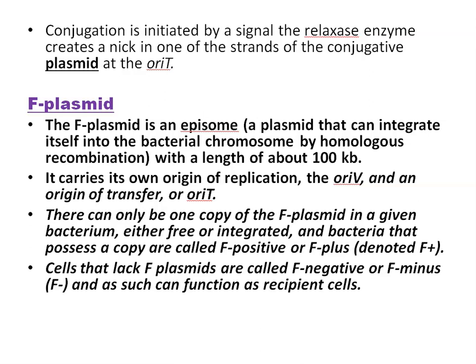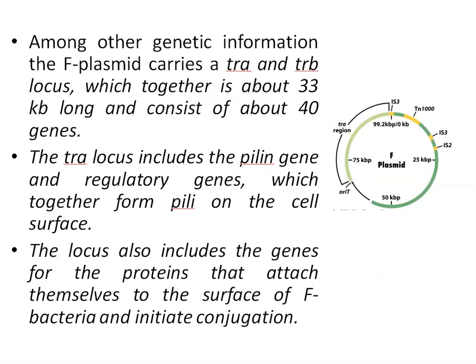The bacteria that possess a copy are called F positive bacteria, designated as F plus. Cells that lack F plasmid are called F negative or F minus, right? F positive bacteria function as donor and F negative function as recipient cell, right?